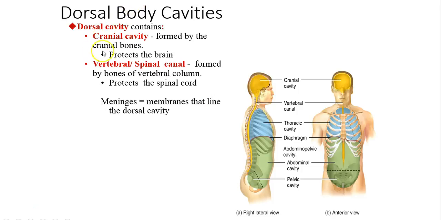We've already described the dorsal cavity, cranial cavity, formed by cranial bones protecting the brain, and the vertebral or spinal canal, which protects the spinal cord. These cavities are lined by membranes, and when we get to the nervous system, we will study a little bit further the membranes that line the dorsal cavity.